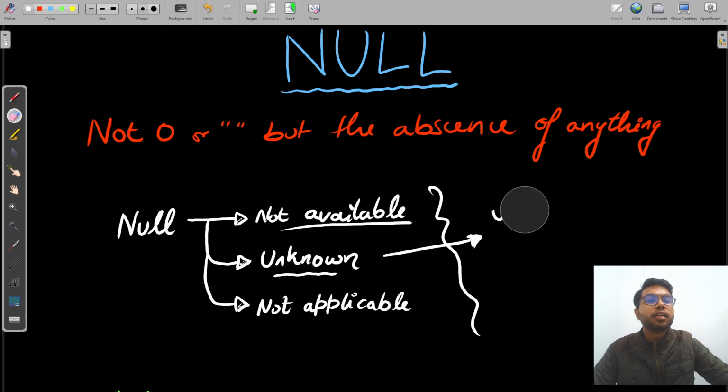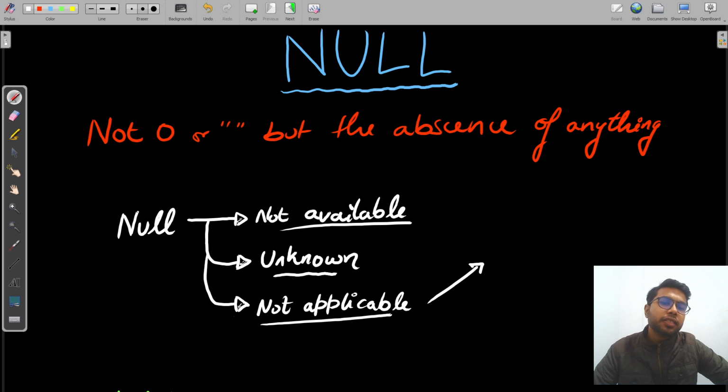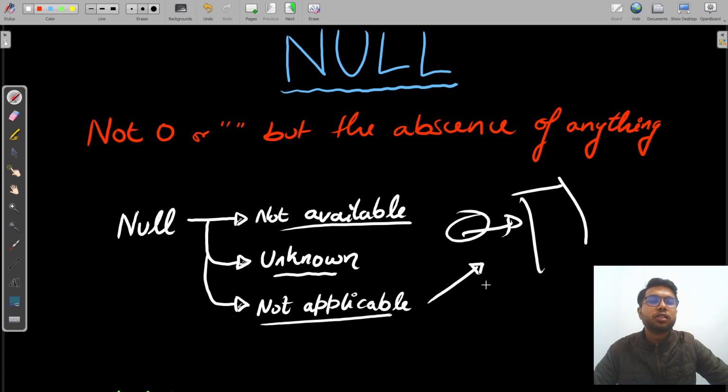All right. Moving on to our third case, and that is not applicable. This basically means that this field is irrelevant for this record. Let's say we had a database of people, like we did in our DOB example and our Aadhaar example. Let's take a record of some foreigner, and we are asking what is his Aadhaar number.